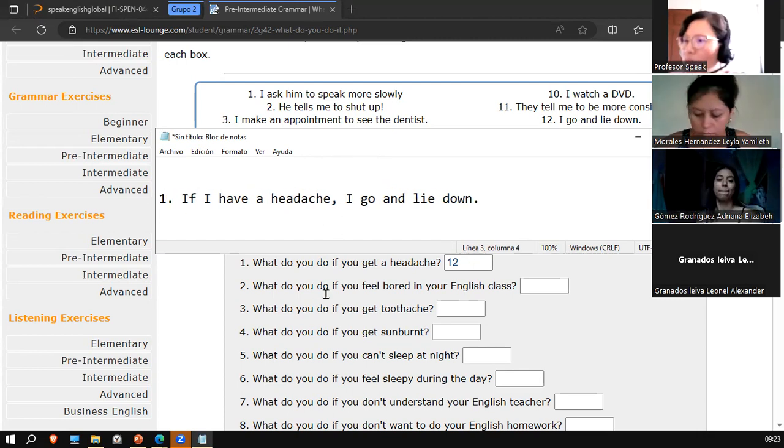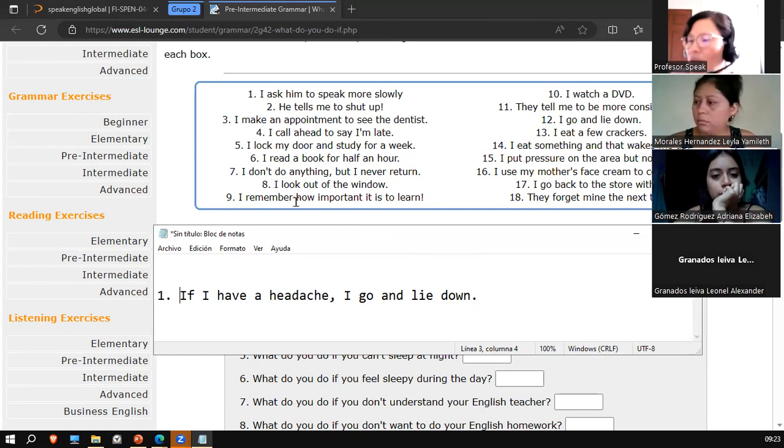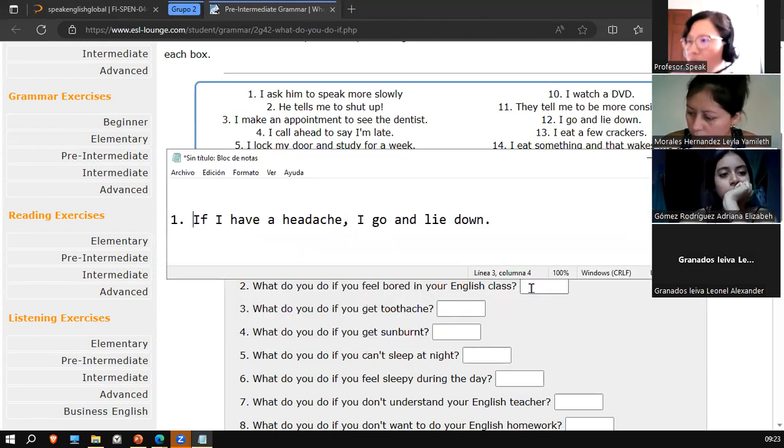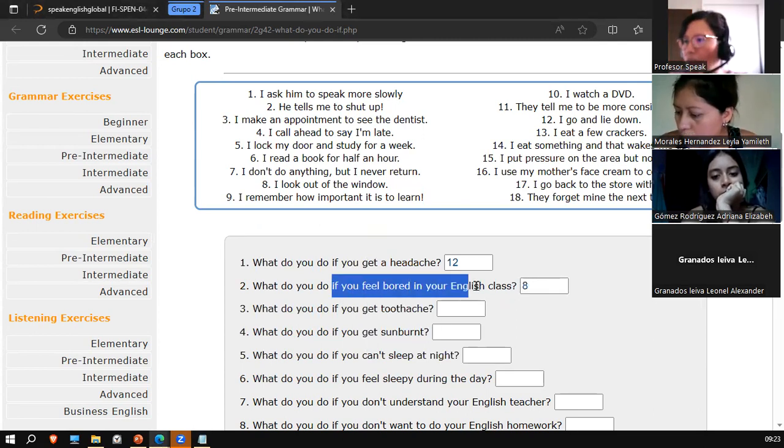What about number 2? What do you do if you feel bored in your English class? 8. I look out of the window, okay? So, number 8. Okay. Vamos a armar la oración.